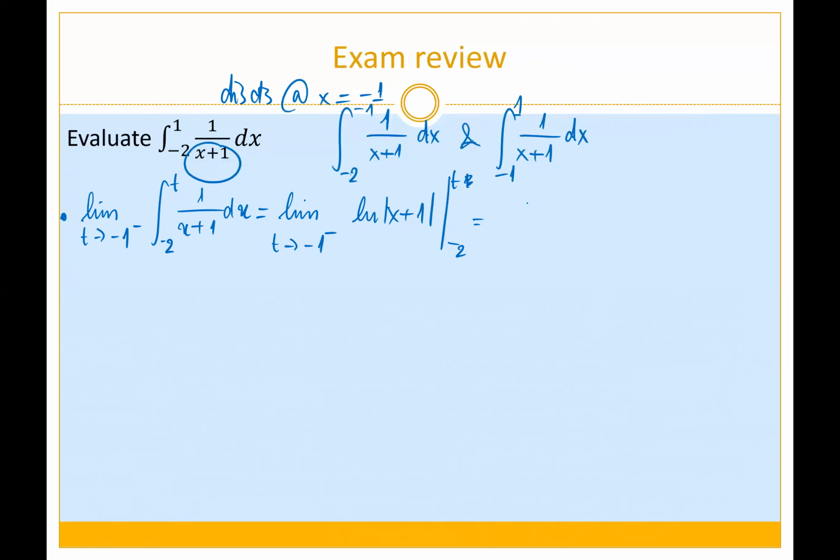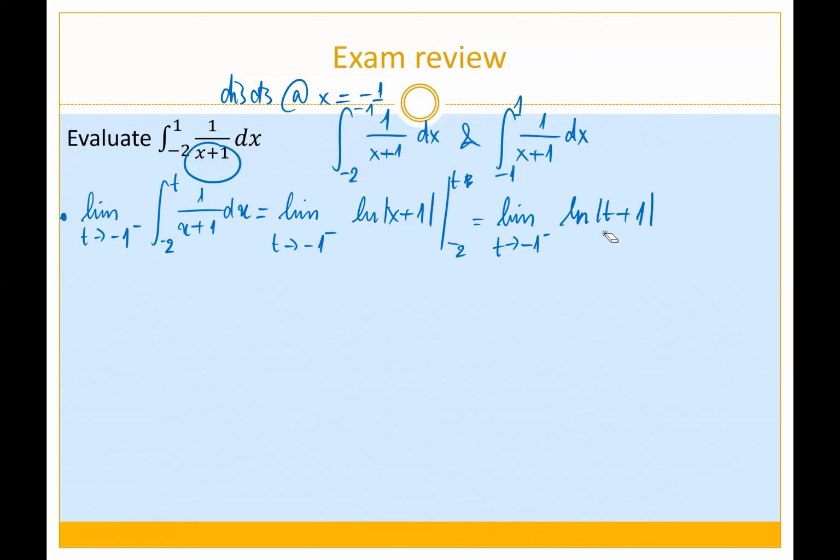So clearly here, when you start plugging in, you have ln of the absolute value of t plus 1 minus ln of the absolute value of -2 plus 1. -2 plus 1 is just -1, but you take the absolute value.